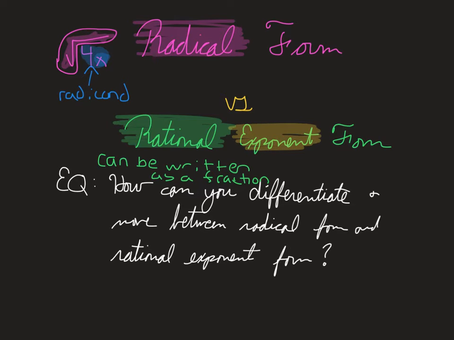So if we're looking at an example here, say we have something like 2 to the 1/5. 2 is what we call the base, and 1/5 would be the exponent. Now this is a rational, which is highlighted in green. This is a rational exponent because it is an exponent that is written as a fraction. This is a very brief introduction to get some of the vocabulary down for what we will be discussing later.